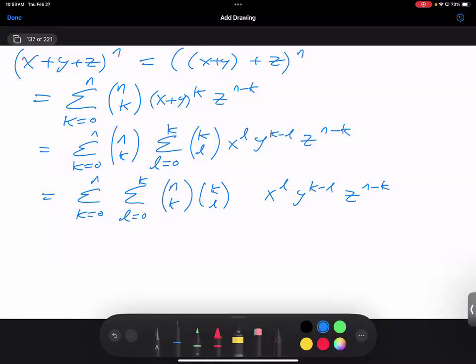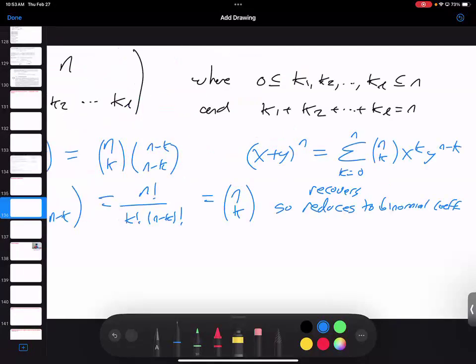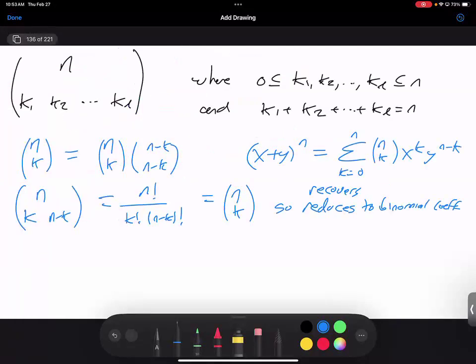But with a multinomial coefficient, I'm supposed to have three things. But if you think about it, when we looked at our definition for the multinomial coefficient, I have, say, L objects, they have to sum to n. Once I tell you L minus one of them, do you know what the last one is?